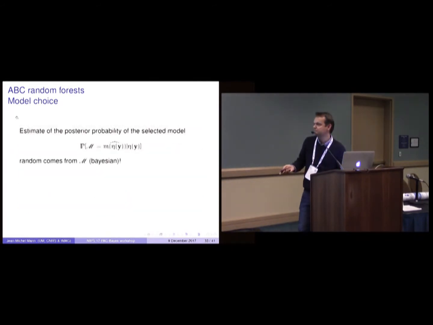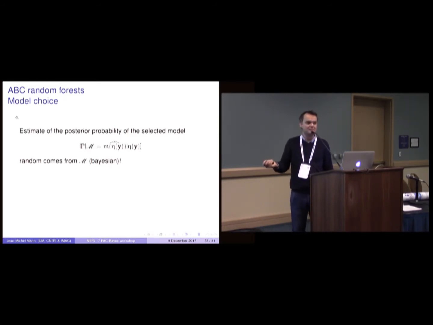So you have an alternative. Look at that. This is the probability of the selected model given the data, and the randomness comes from M. I do Bayesian research, so the randomness comes from M. M is Bayesian.